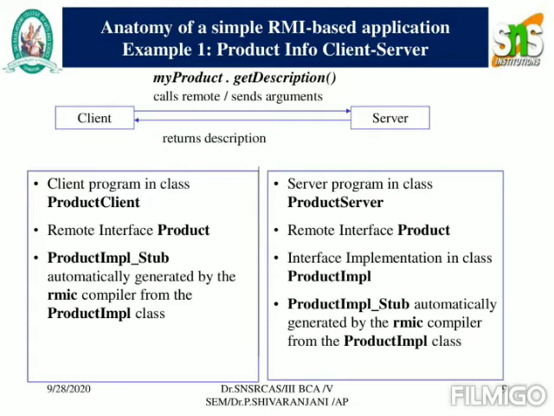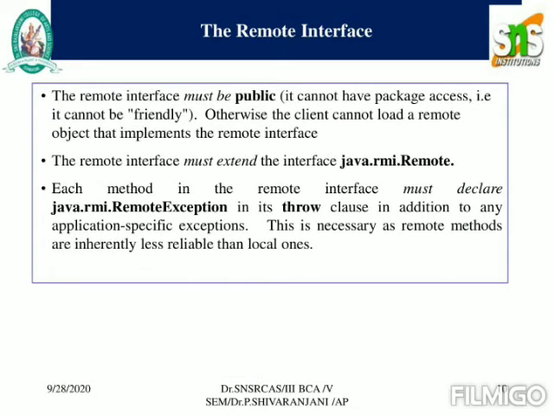So the next one is your RMI interfaces. For RMI interfaces, a remote interface should be public, because it cannot have package access. It cannot be friendly. Otherwise the client cannot load the remote object that implements the remote interface.